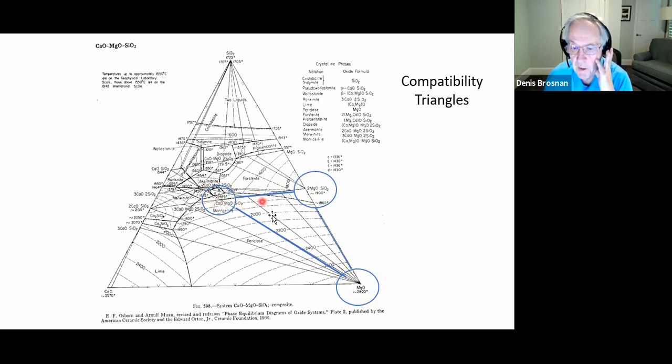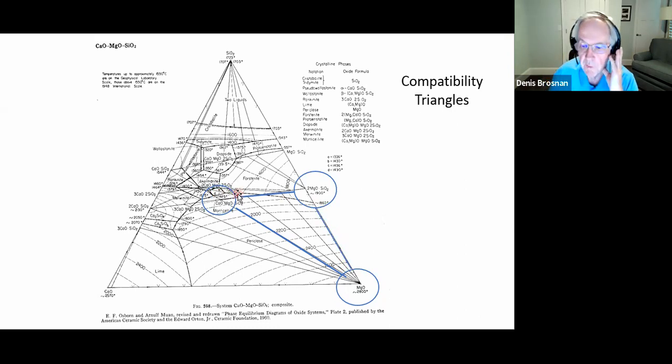Now, I know there's some sub compatibility triangles in here. We're going to explain those in a bit. But basically, what this says is my final fired composition has to be bounded in the compatibility triangle between the major components of MgO, forsterite, and monticellite.